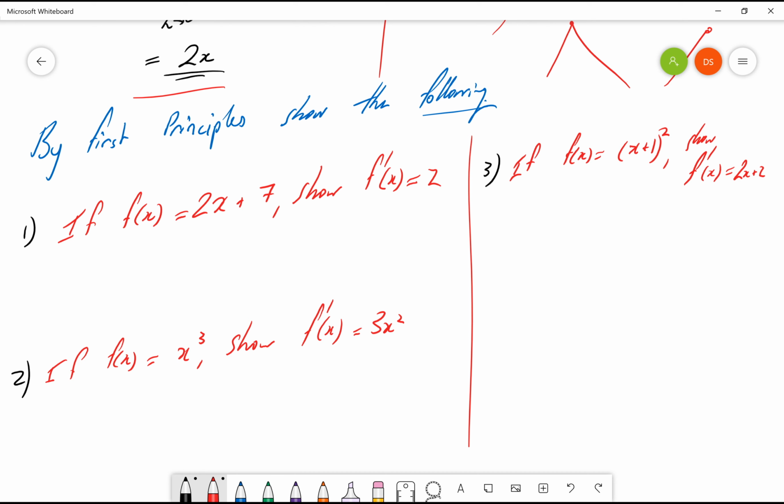So you might not need to do first principles differentiation, but it might pay to know how to use limits and how to simplify using a limits equation. And essentially, first principles is a special kind of limits equation. But I wouldn't throw this away and not do it, because I think this is a fundamental part of calculus. If you want to say you know how to do calculus, you need to understand how first principles works.